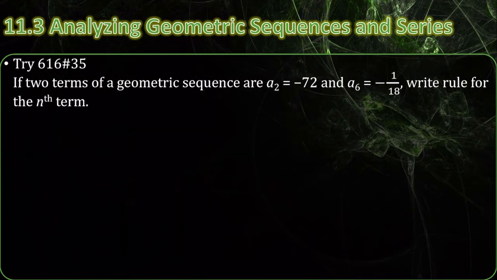Why don't you pause this and try number 35. Remember, the function is AN equals A1 R to the n minus 1. This is N and AN, N and AN.